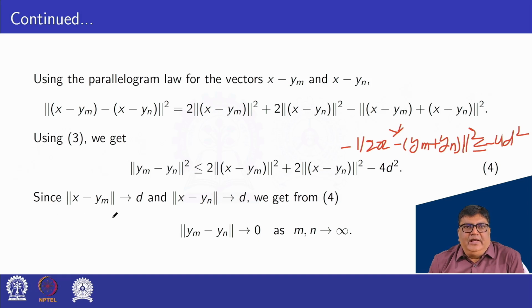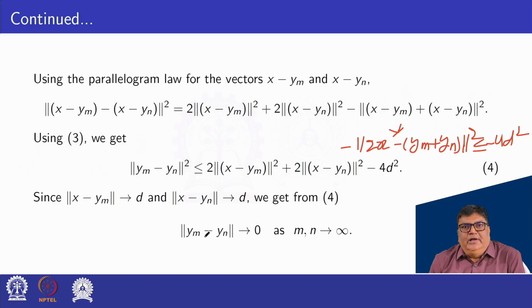Since norm x−ym tends to D and norm x−yn tends to D, we get from 4 that norm ym−yn tends to 0, because this is D and this is D. So 2D squared plus 2D squared minus 4D squared cancels out.